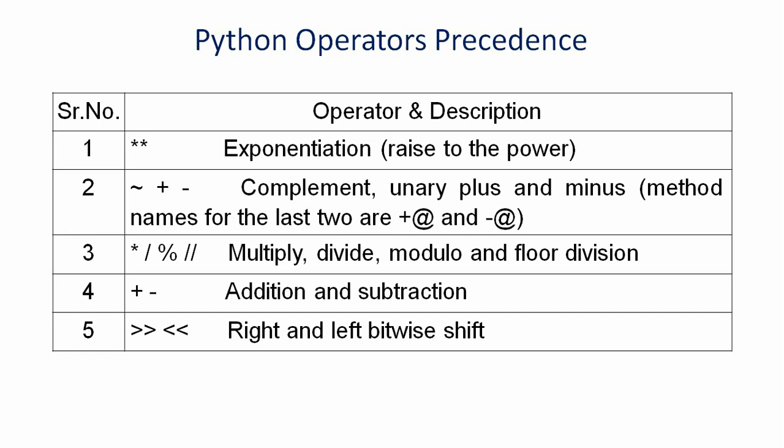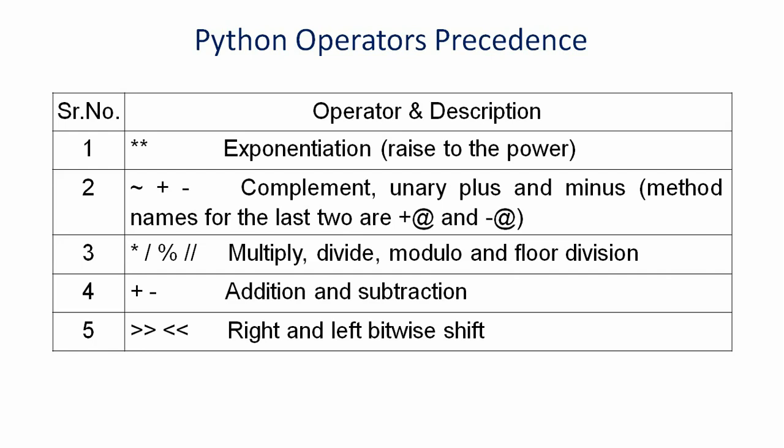So, exponent has the highest precedence. After that, tilde, plus, minus: the complement or unary plus and minus have the second highest precedence. After that, multiplication, division, floor division, modulus.